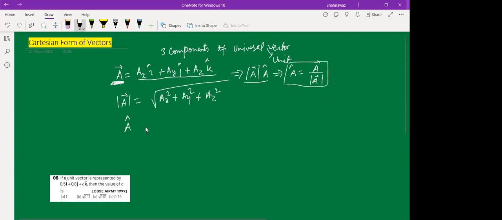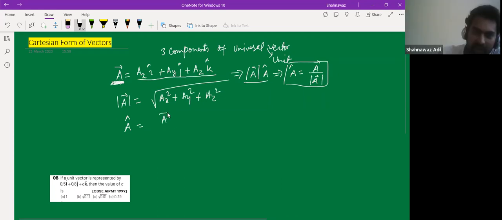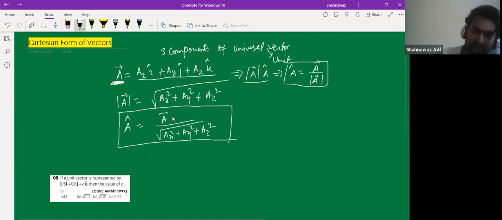That is A hat equals the A vector divided by the square root of AX square plus AY square plus AZ square.